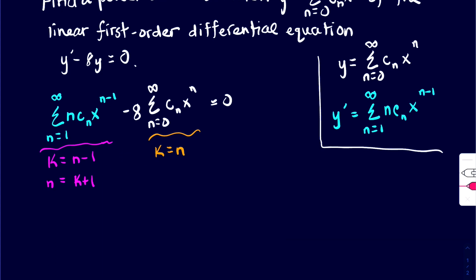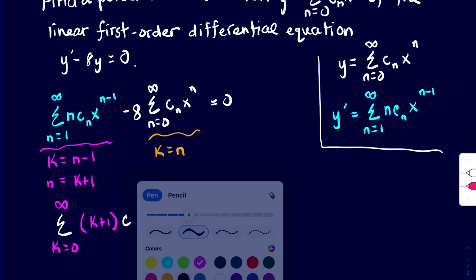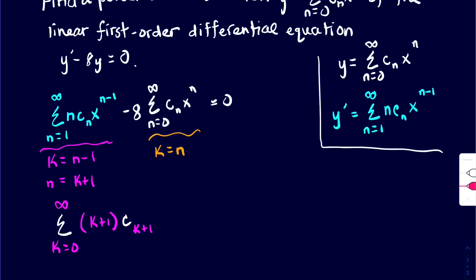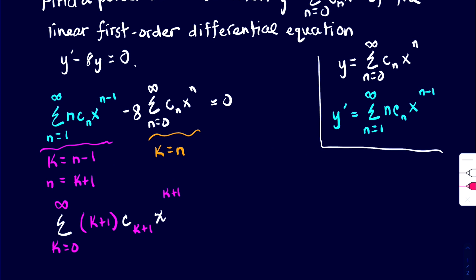So, continuing, we will end up with the summation when n is equal to 1, k will equal 0. So it'll go from k is 0 to infinity, and then n was k plus 1, and we will have c sub k plus 1 times x raised to the k plus 1 minus 1.